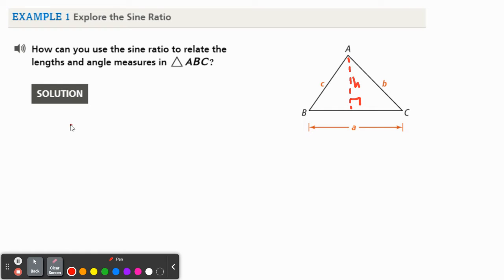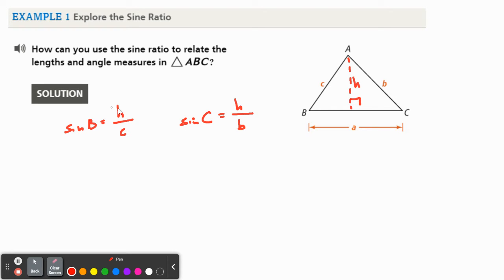So we're going to do the sine of B. I know we just learned SOHCAHTOA, but sine is opposite over hypotenuse. So in this right triangle on the left, the opposite side from B would be H, and the hypotenuse would be this lowercase c. We'll do the same thing with angle C. So the sine of C, notice it's capital C, equals the opposite from C, H, over the hypotenuse, which is b.